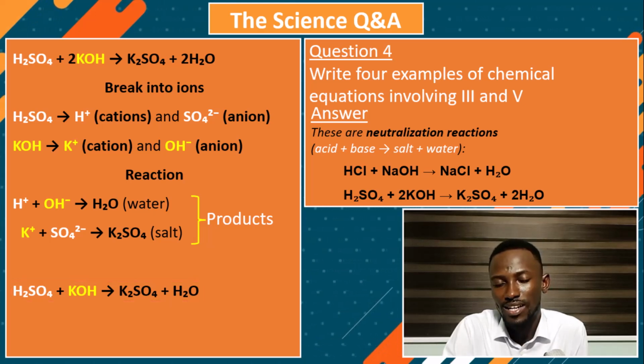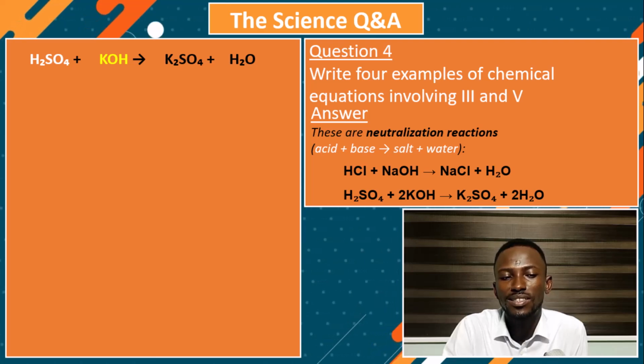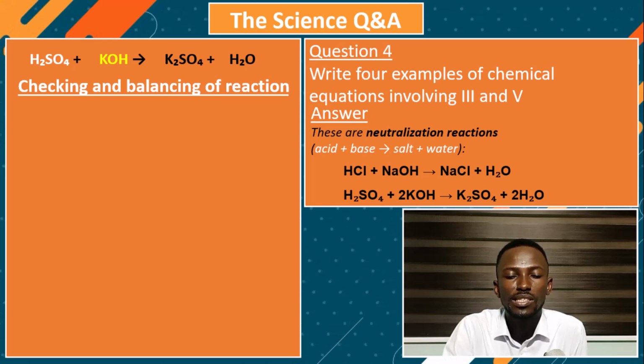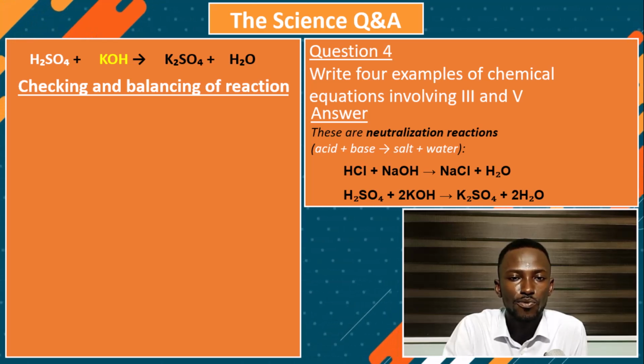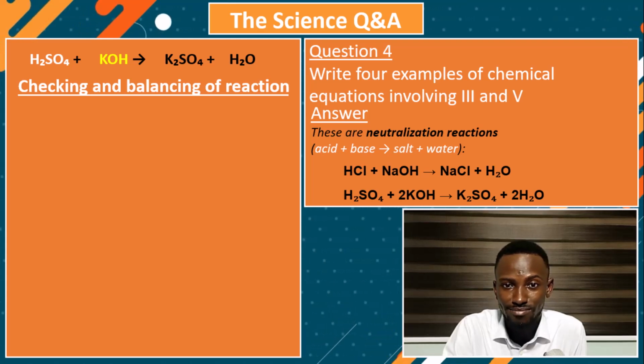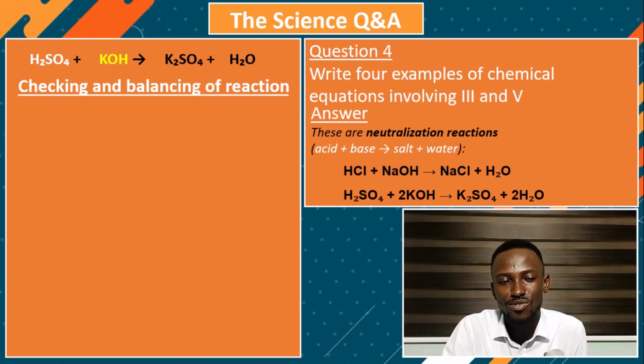But as usual, we have to check if this reaction is balanced or not. So next step, checking and balancing the reaction. Are you ready? Remember, spoiler alert, this reaction is not balanced. So let's try to balance it.